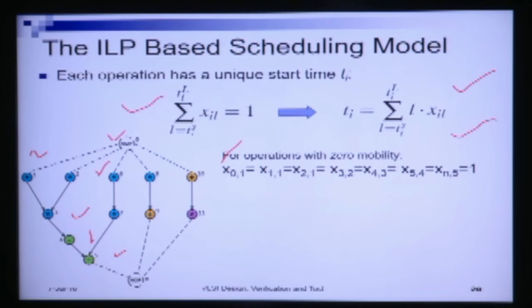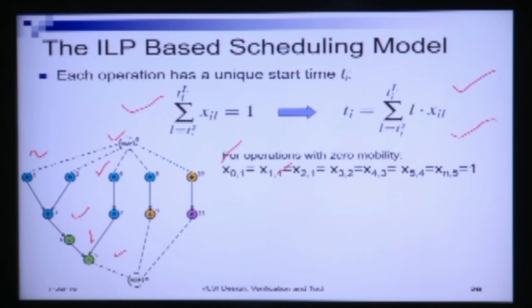We are seeing that x_01, which tells me that the 0th operation in time step 1, should be 1. x_11 tells me that the first operation in time step 1 should be 1. For any other time step, it should not be 1. The second operation should also be scheduled in time step 1, and hence x_21 equals 1. x_32 equals 1. Why?